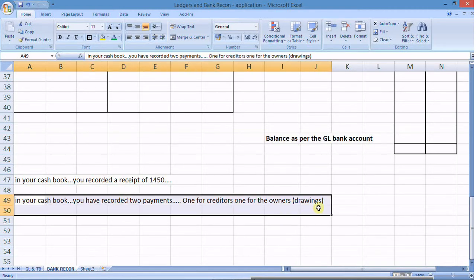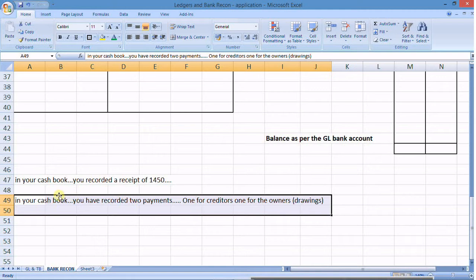Are your books correct? Yes. Do you need to adjust? No. Are the bank's books correct? No. See, you've written out a check, you've given someone the check. It's up to that person to go deposit the check for that transaction to complete, right? Yes. Because you've issued a check, and unless someone else has deposited the check into their bank account, that check will be outstanding until it clears.